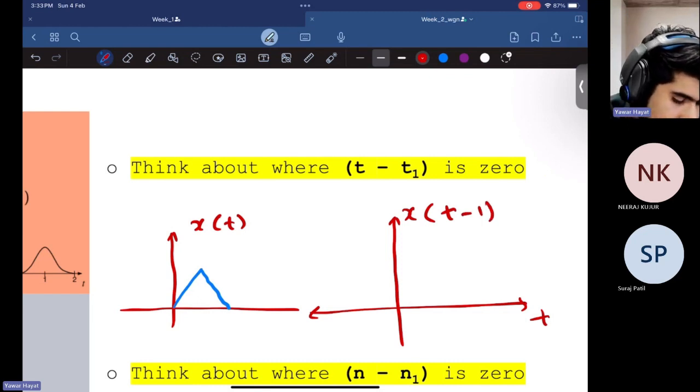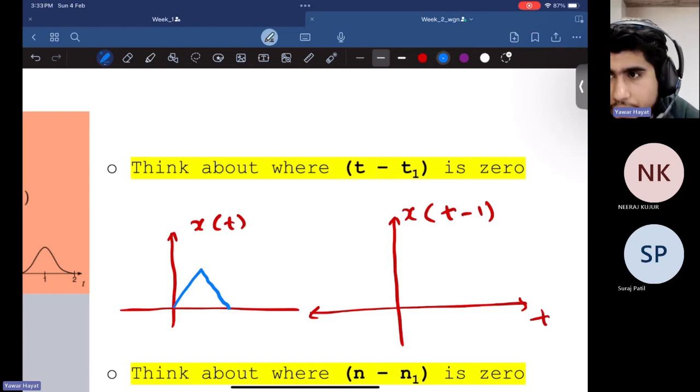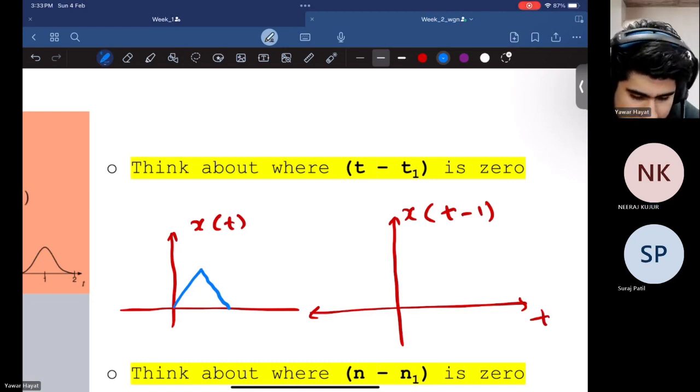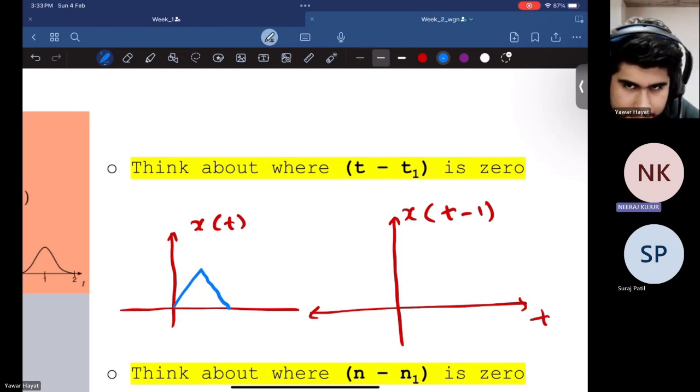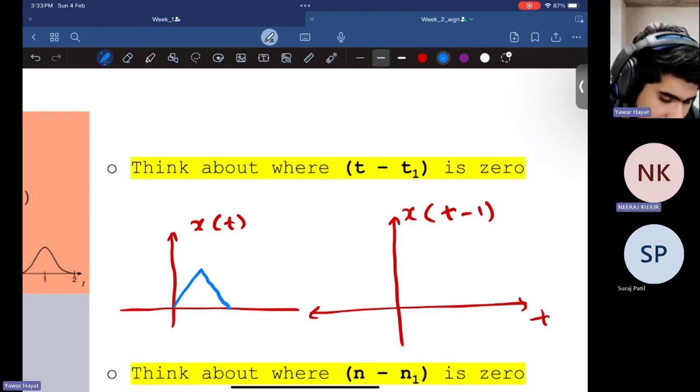So should I shift the signal by 1 unit to the right or shift the signal 1 unit to the left? So to the right. To the right. And why is that the case? Sir, if we put the value of the argument, according to the last graph, it comes up to be shifted.